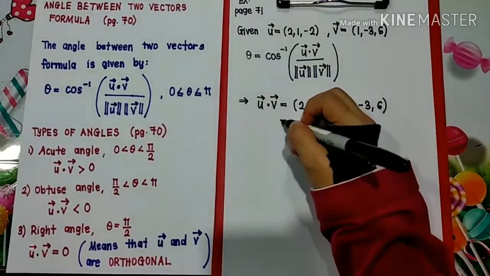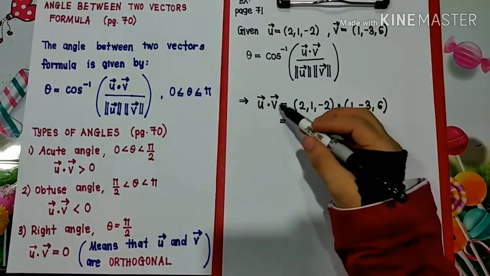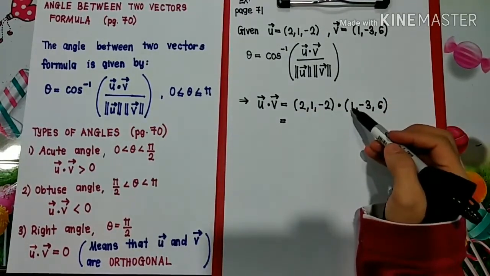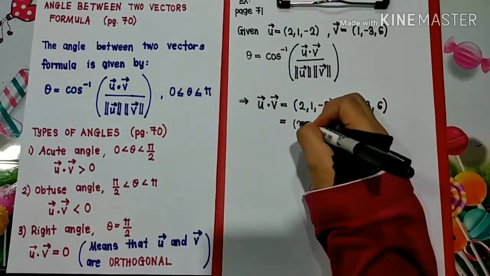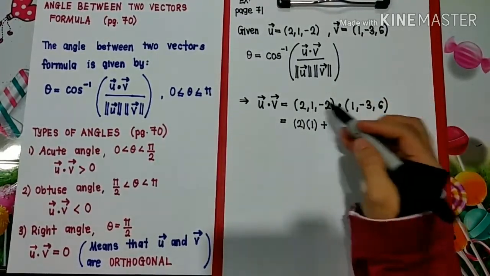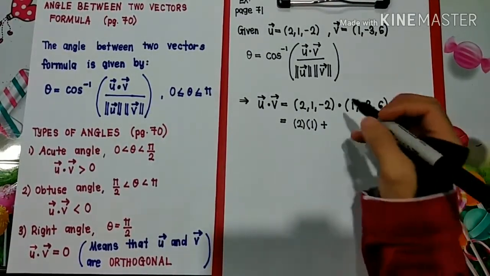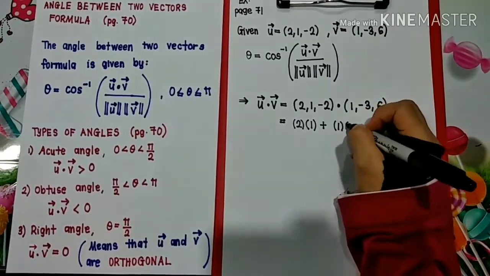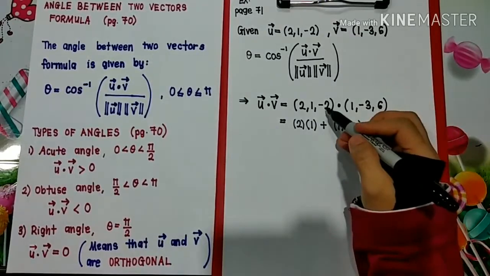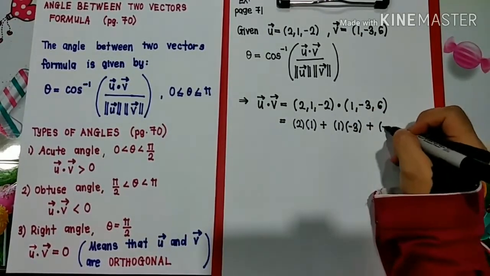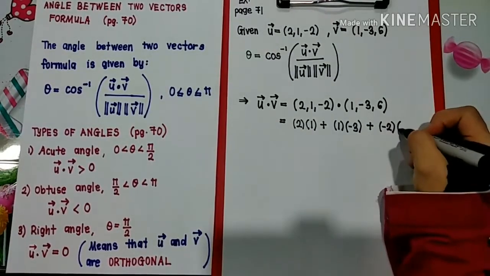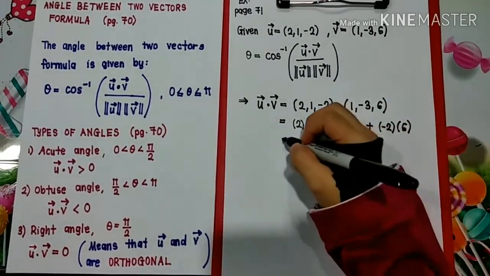So how do we solve this? 2 multiplied by 1, plus 1 multiplied by negative 3, plus the third element, negative 2, multiplied by the third element in the other vector, 6.